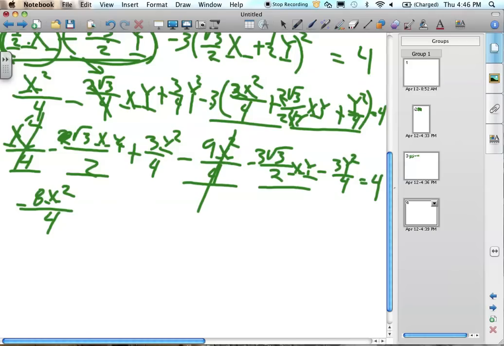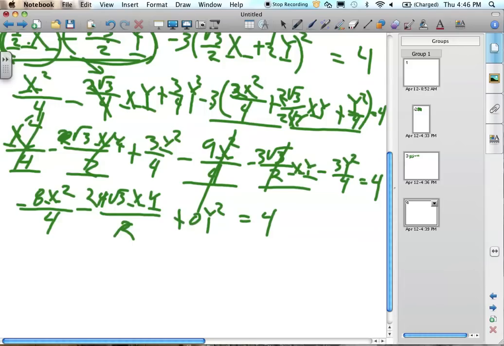So that will give me negative 4 square roots of 3 xy over 2. As you can see, that will end up giving me a 2. And now I collect my y squared terms. So I've got 3/4 minus 3/4. So that gives me 0 y squared equals 4.